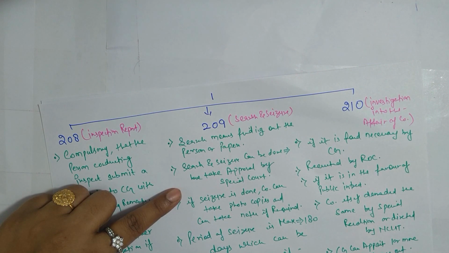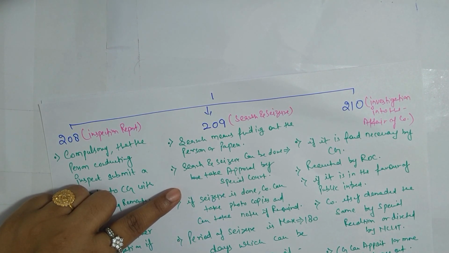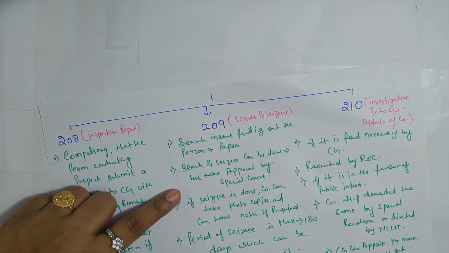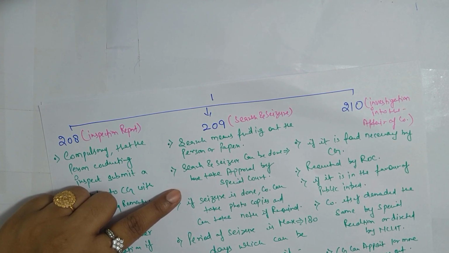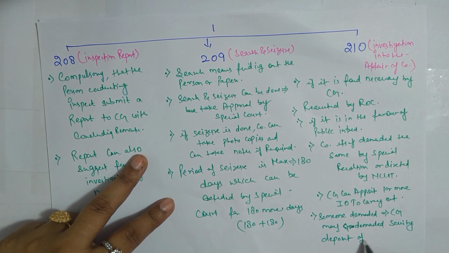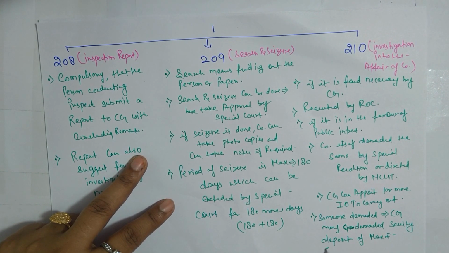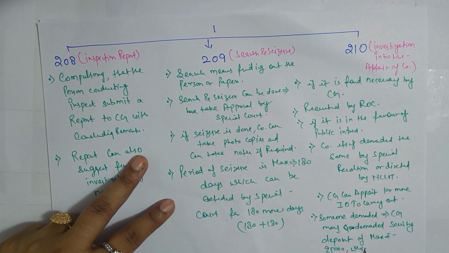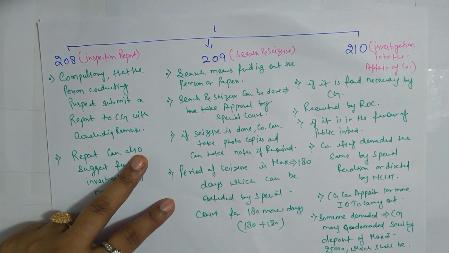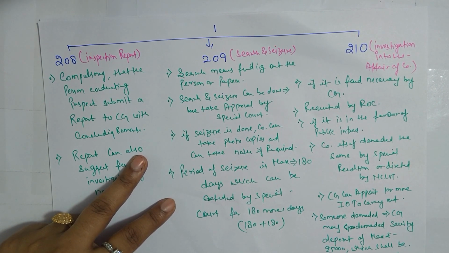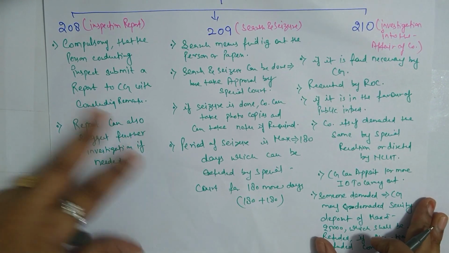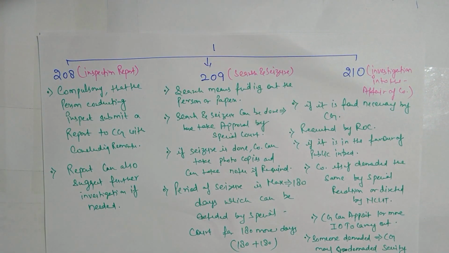So when someone demands, CG may demand a security deposit of maximum rupees 25,000, which shall be refunded if the allegations are found correct.